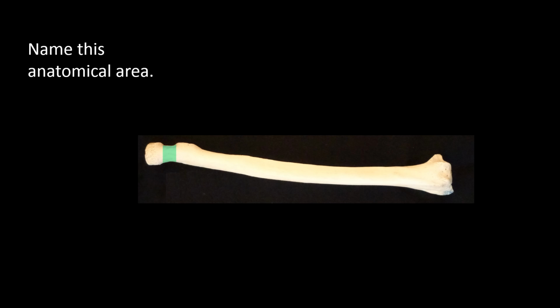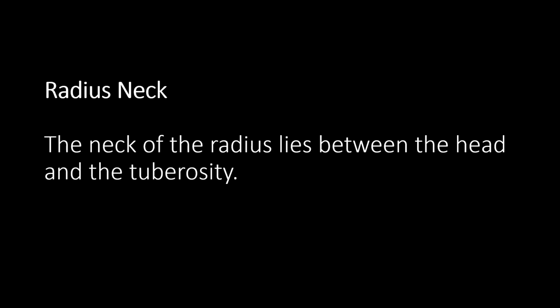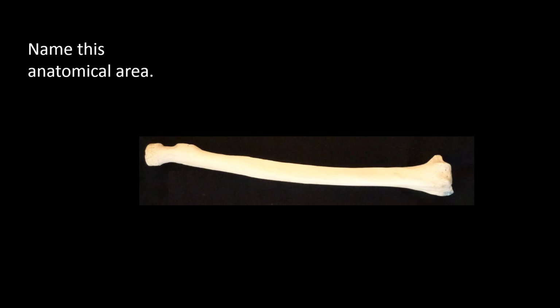Name this anatomical area. Radius neck. The neck of the radius lies between the head and the tuberosity. Name this anatomical area.